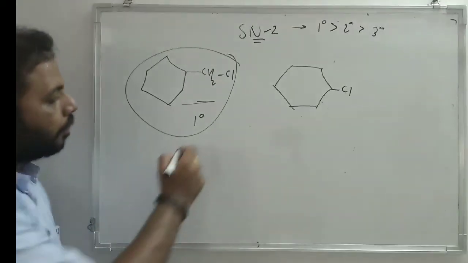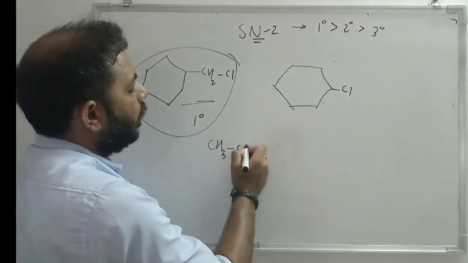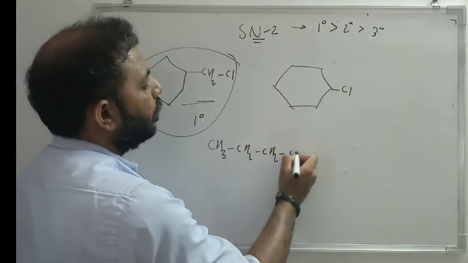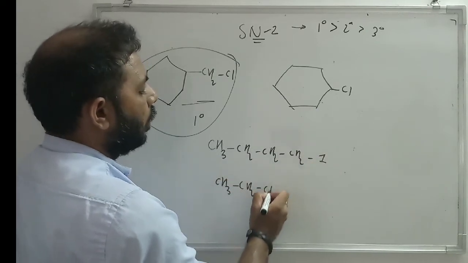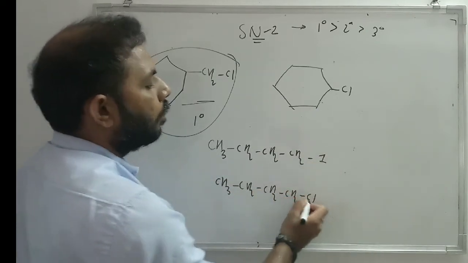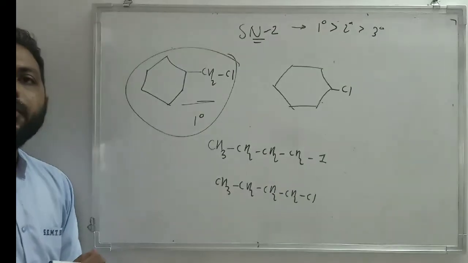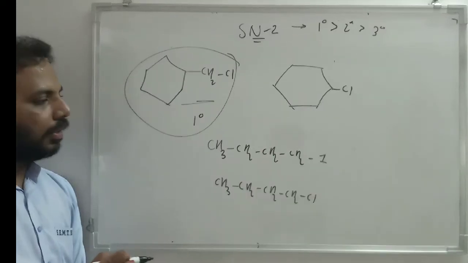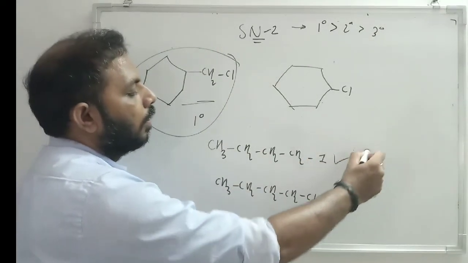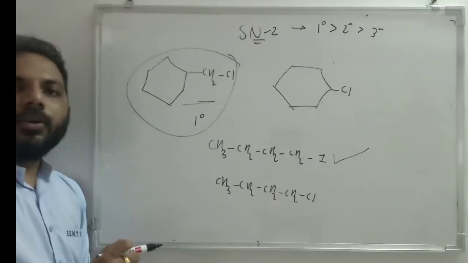The second question is CH3CH2CH2CH2I and CH3CH2CH2Cl. Among these two compounds, which is more reactive for SN2? Okay, and the answer is butyl iodide or iodobutane.